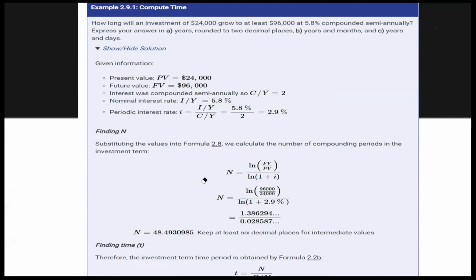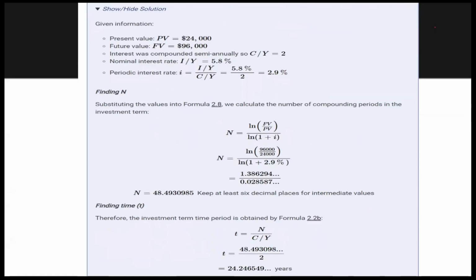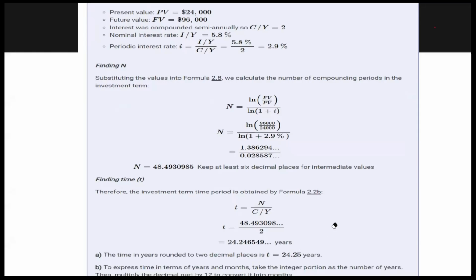Substituting into our formula, we have n equal to 48.493. They tell you to keep a few more decimal places, and then you use the formula t equals n over C, which is that divided by 2, and you get 24 years.